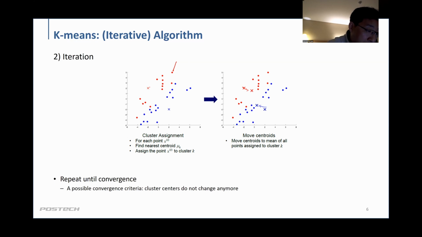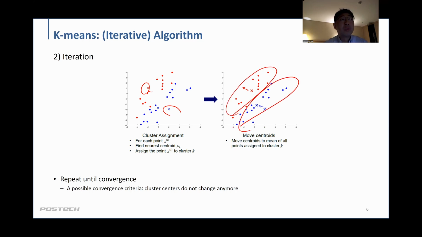So now I can assign all the training data points as red or blue. Of course, it's not the right answer because it's randomly initialized. Now we have two clusters, one red and the other blue.